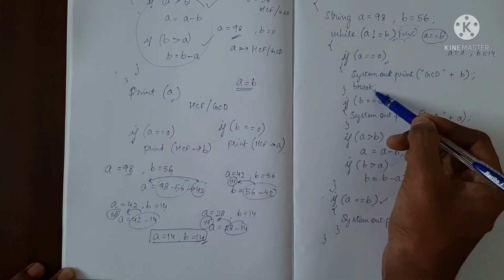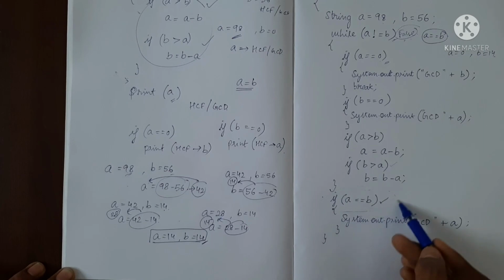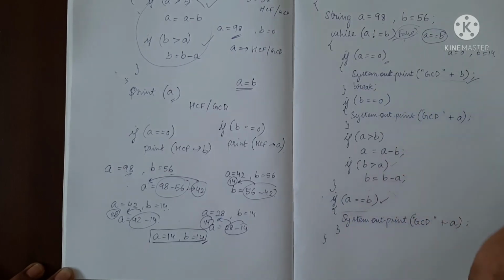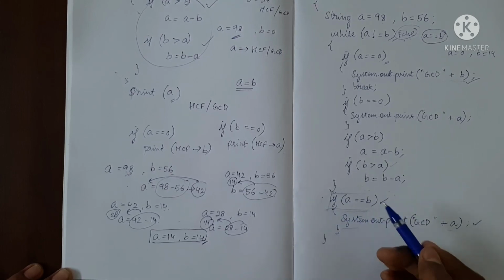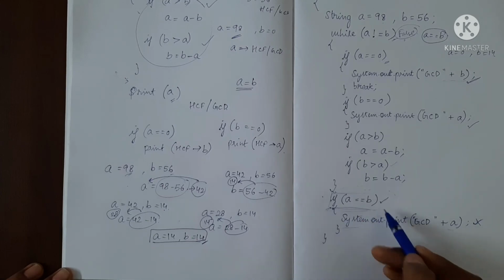It will break out of the loop. And if you did not have this check over here, it will print GCD as B, and then it will also print this statement again. So in order to prevent that, I am having one extra checkpoint over here, so that when this statement or this statement is satisfied, this won't get repeatedly printed. So we are having this if condition.